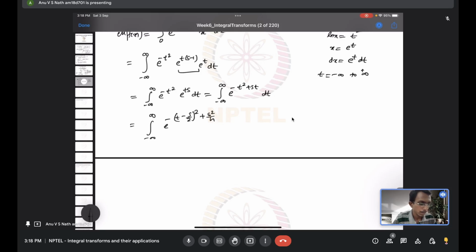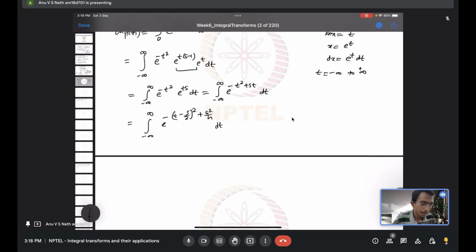It's basically completing the squares, then the integral dt. Now you can see the exponential of s square over 4 is just a constant which you can take outside, then minus infinity to plus infinity, exponential of minus t minus s over 2 the whole square dt.